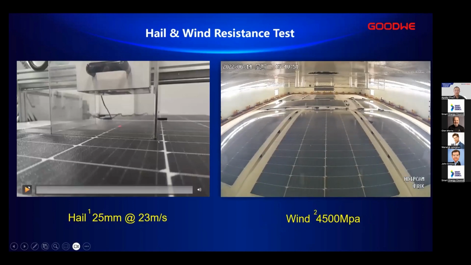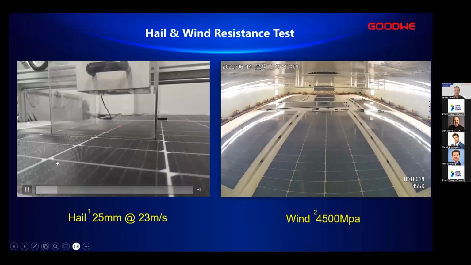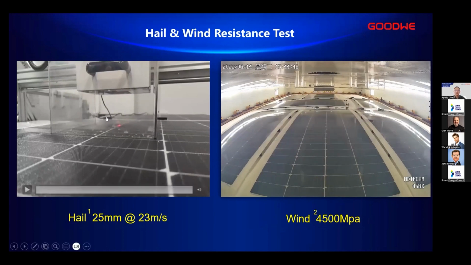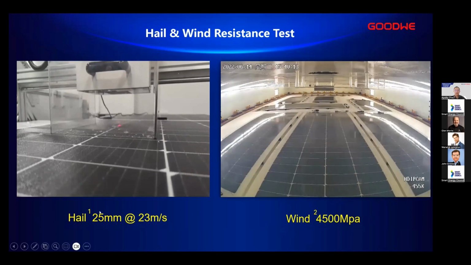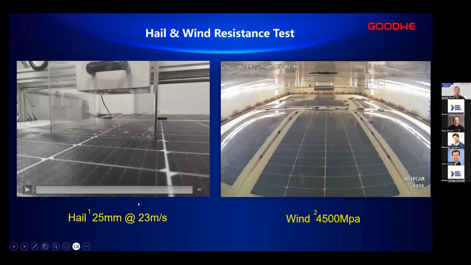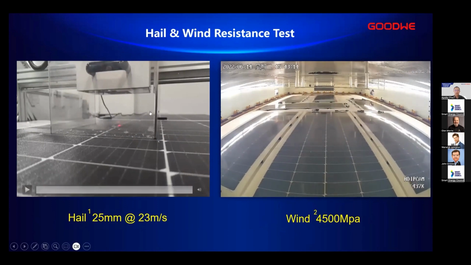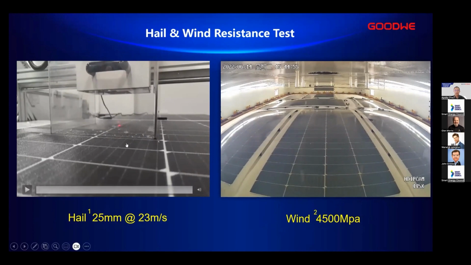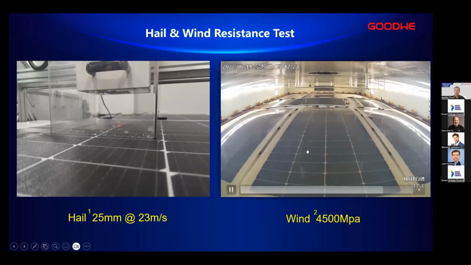Let me show you what we did to prove it is hail-proof and wind-proof. We conducted a third-party hail test with 25 millimeter diameter hail at 23 meters per second hitting the surface of the panel. There were no breaks and no micro cracks in the cells.